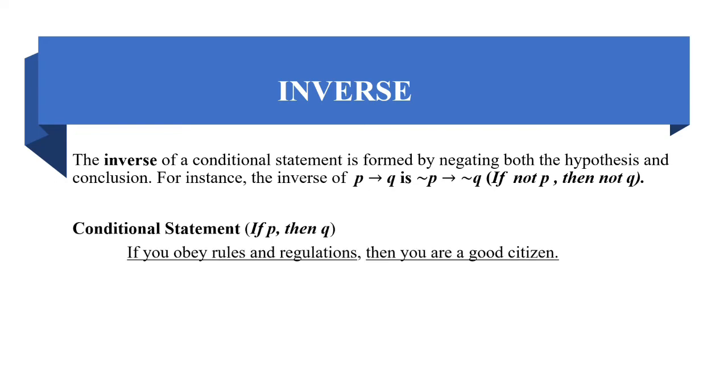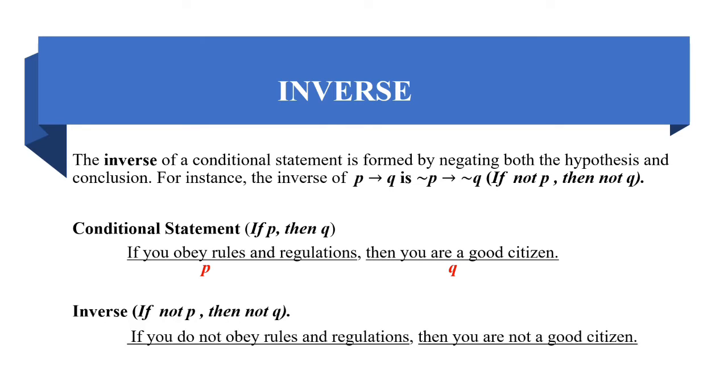So where is the conditional statement? If you obey rules and regulations, then you are a good citizen. So the P statement here is "if you obey rules and regulations," and the Q statement is "then you are a good citizen." So what is the inverse? Remember, the inverse: if not P, then not Q. You have to negate both the hypothesis and the conclusion.